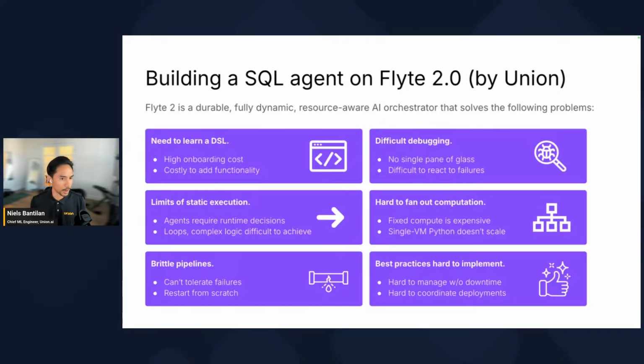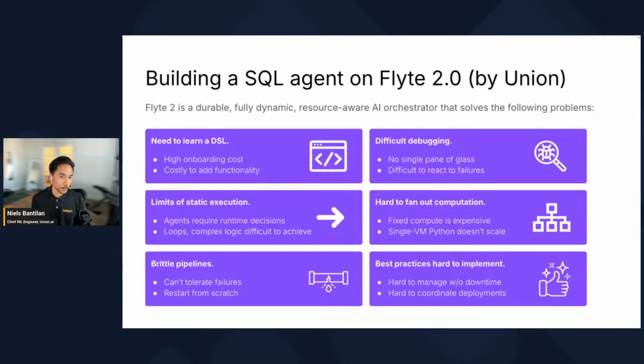And these are limits around conditional logic and loops and try-except, error exception handling. The third one is brittle pipelines. So these are pipelines where you have to roll your own retry logic or start from scratch because you haven't cached intermediary outputs of tool calls and things like this, right? So that's something that Flyte 2 handles really well.